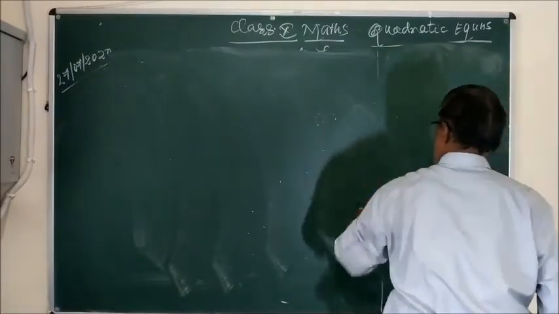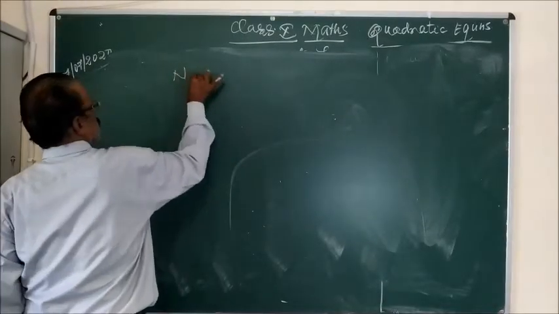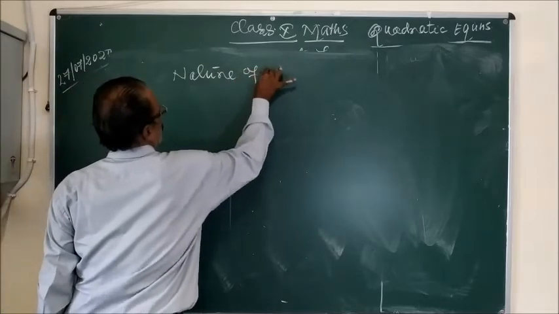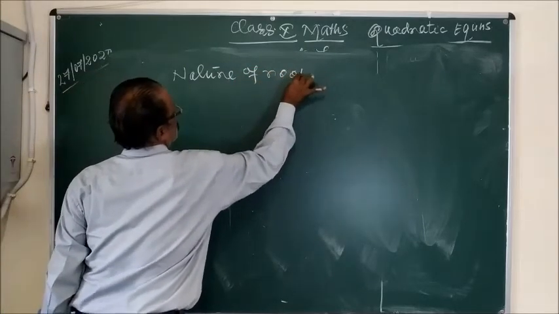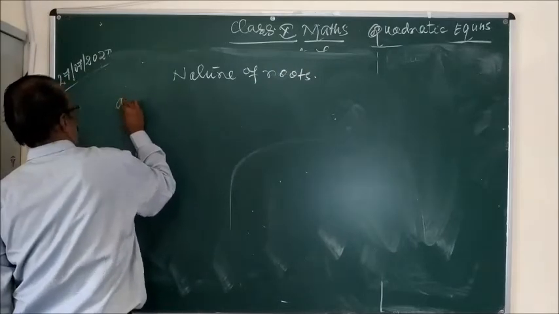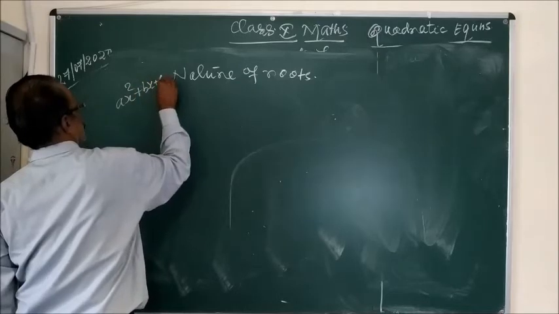What is the nature of roots? I have already explained the nature of roots and what the discriminant is. The general form is ax squared plus bx plus c is equal to 0.